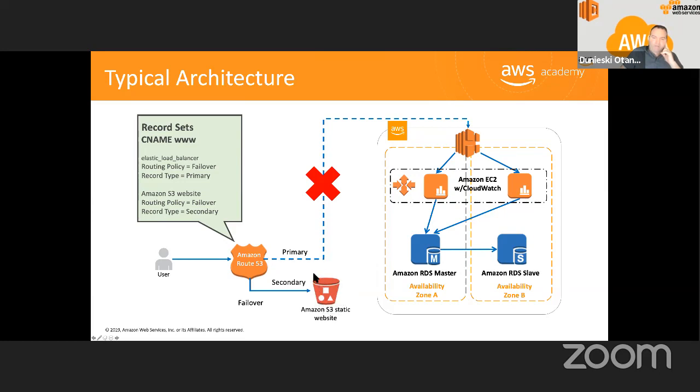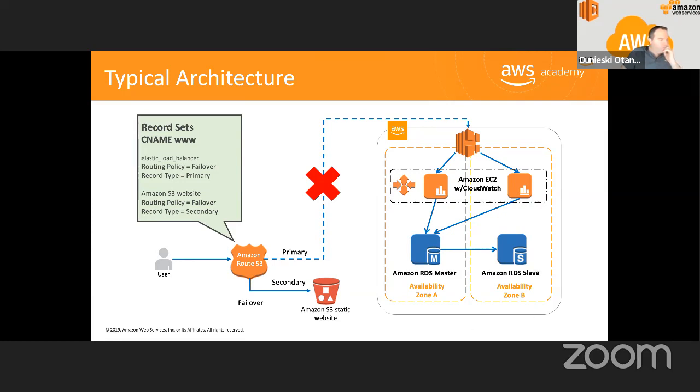It's going to be up and running until this one is fixed. That's when the development team or the recovery team comes in and fixes this. But in the meantime, there is a website up and running, so you don't have to worry about that.